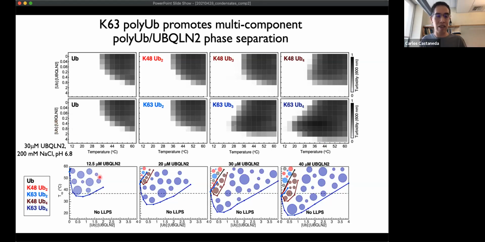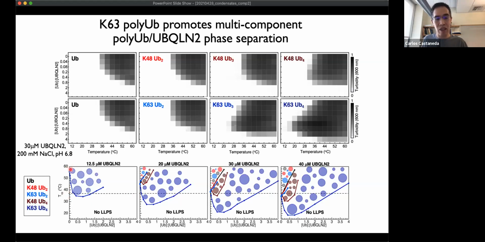And we quantify this further using another ton of work where we made these phase diagrams at different concentrations of ubiquilin, illustrating for K63 and K48 UB4, you can really see at very low concentrations of ubiquilin, 12.5 micromolar, so we're keeping that fixed and we're adding K63 or K48, K63 really promotes this phase behavior towards physiological temperatures.